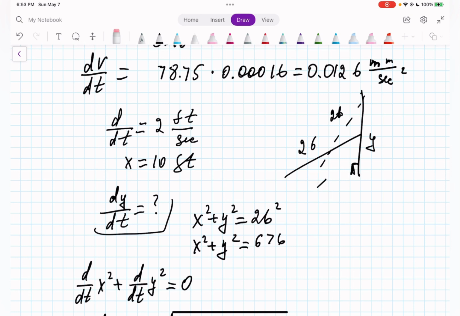This is the rate of change, dx by dt, 2 feet per second.